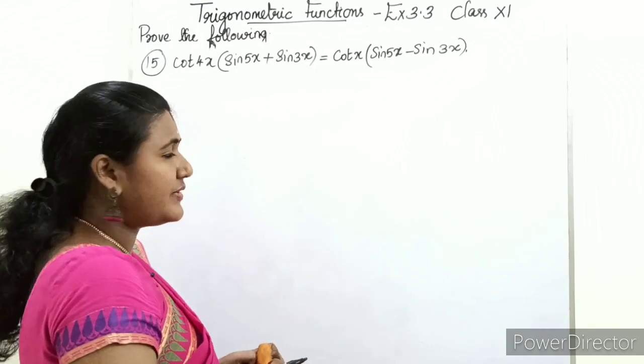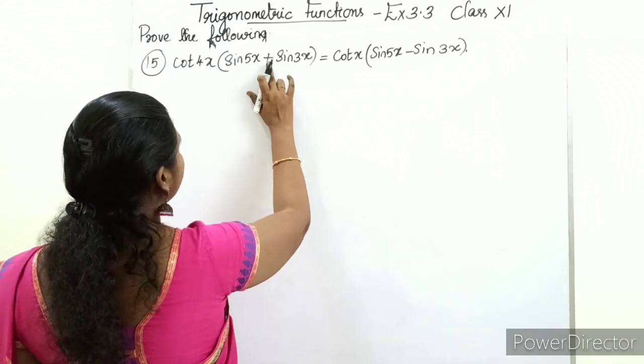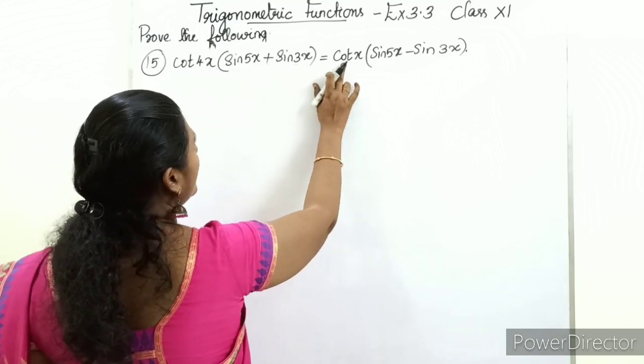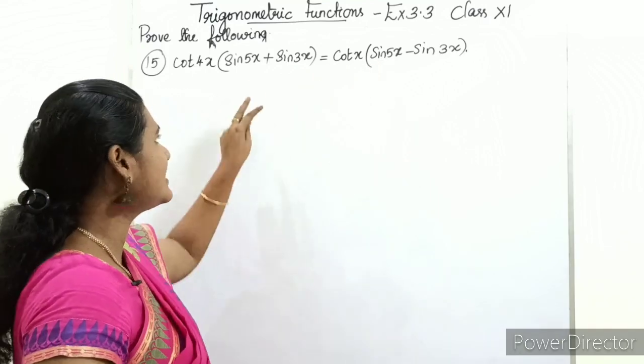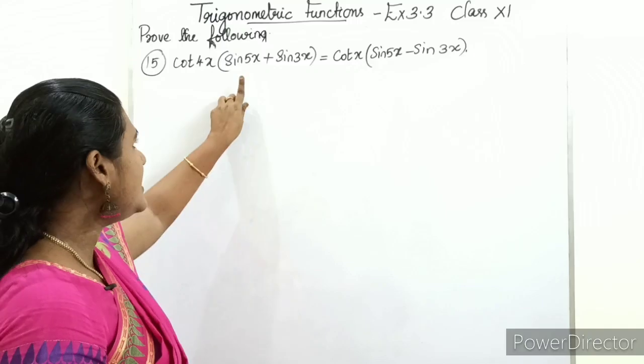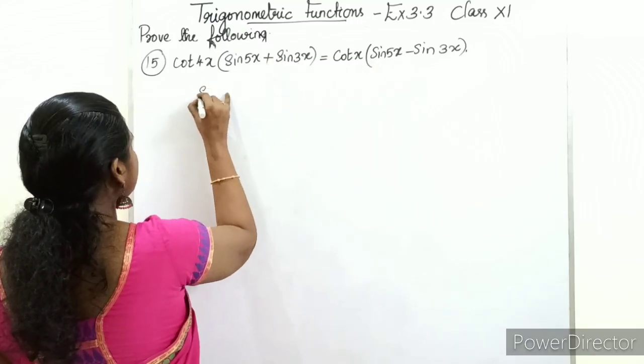So question number 15. Cot 4x into (sin 5x plus sin 3x) is equal to cot x into (sin 5x minus sin 3x). So this is what we have to prove. So instead of proving this, we will bring this term to this side.